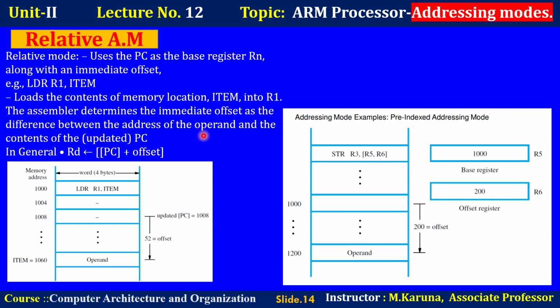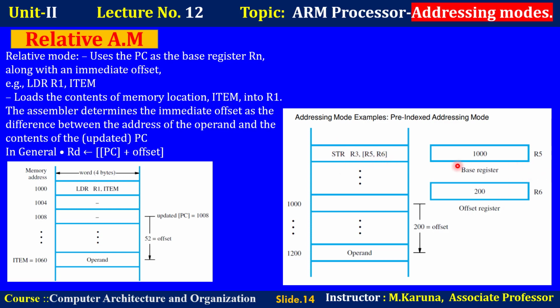Rn is replaced with PC. Here in this case PC is updated, and that's why this addressing mode is treated as relative addressing mode. In relative addressing mode, only PC will be updated, not the base register. Like that, in case of pre-indexed addressing mode, suppose a store instruction resides at some location: STR R3, R5, R6.